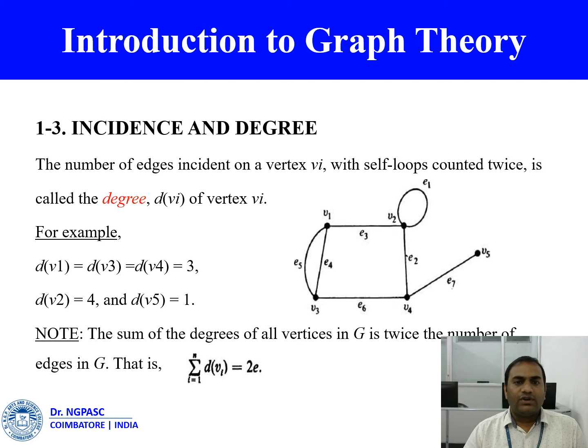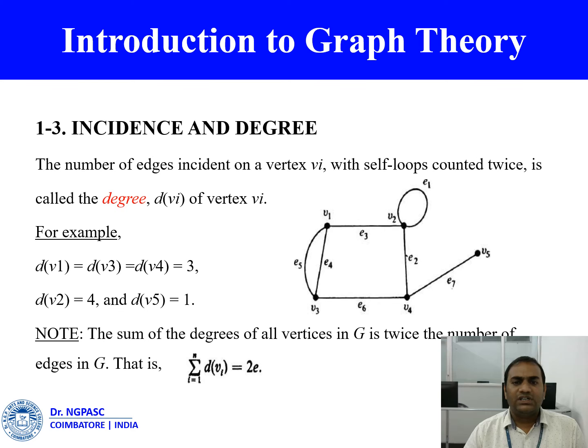The number of edges incident on a vertex vi, with self loop counted twice, is called the degree. Symbolically we denote it as d(vi), meaning the degree of that particular vertex.